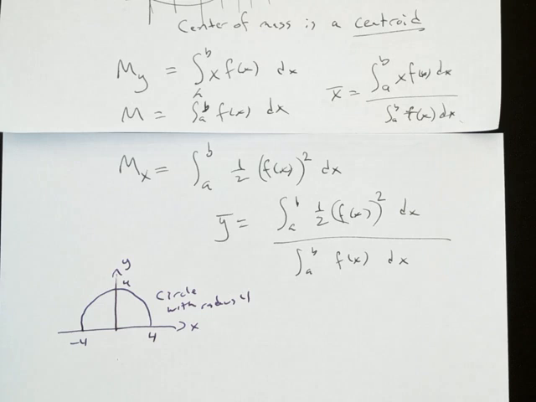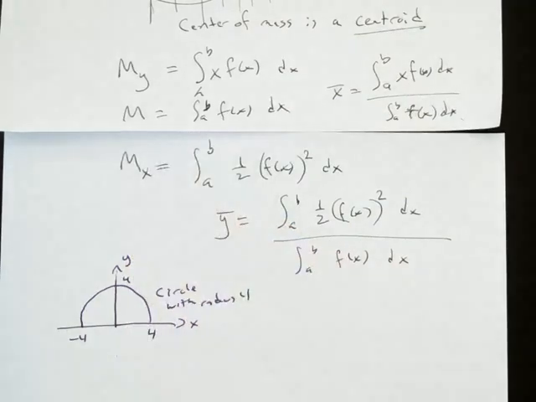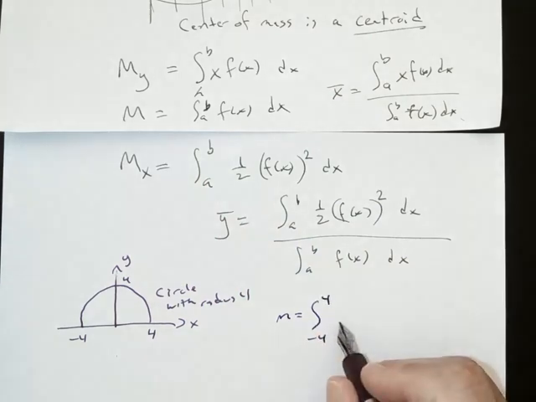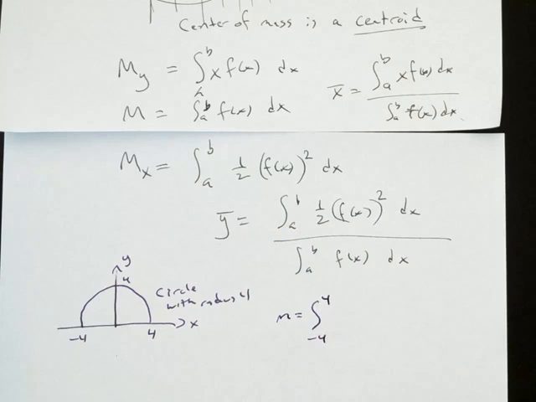Let's try. Let's find out. I need 3 integrals. I'm going to start with the one that is the most direct, which is the mass. The mass is the same as the area of this. Integral from -4 to 4 of f of x. What's the equation for this damn thing? Leo? Maybe minus x squared plus 4. Almost. That would be a parabola, not a circle. They both have to be squared.